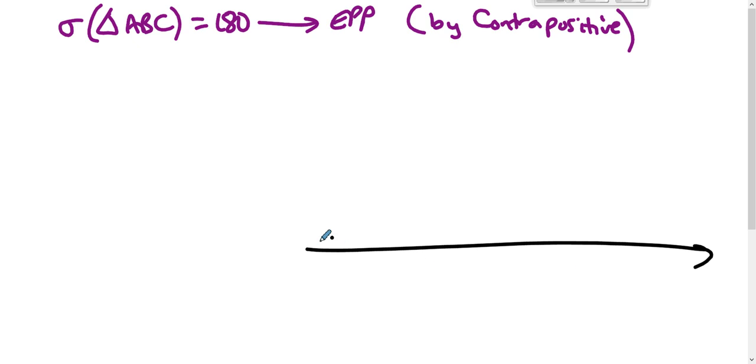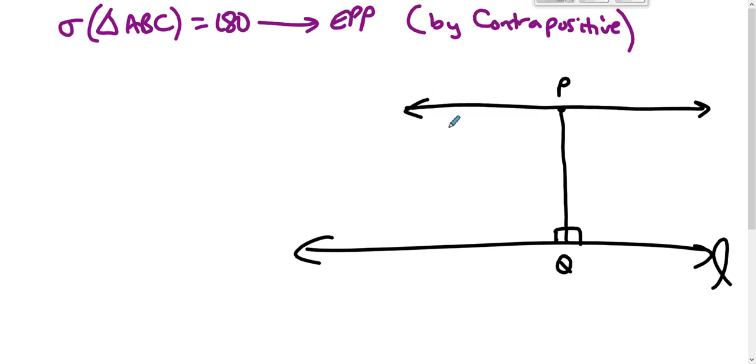You have some line L, and you have some point P that's not on L. We can do the double perpendicular construction. We can drop a perpendicular to L. Point Q is the foot of that perpendicular, and we can draw line M that is perpendicular to PQ. So that gives us one parallel.